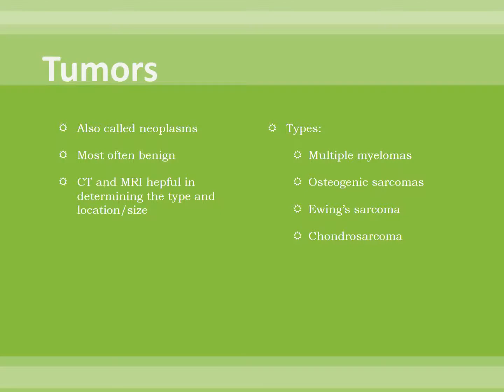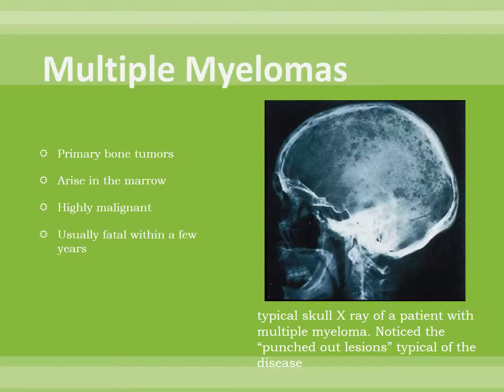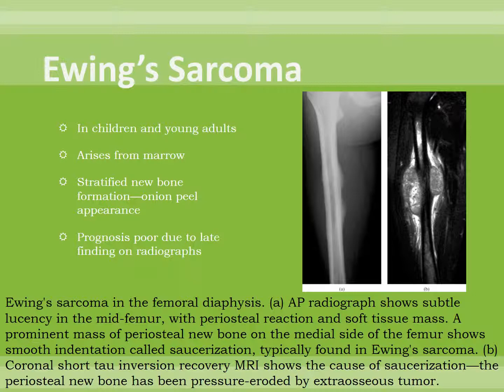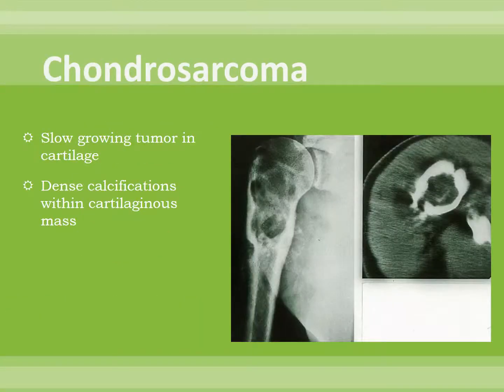You can have tumors within the bones as well, such as multiple myeloma, osteogenic sarcomas, Ewing's sarcoma, and chondrosarcoma. Chondrosarcoma involves the cartilage.